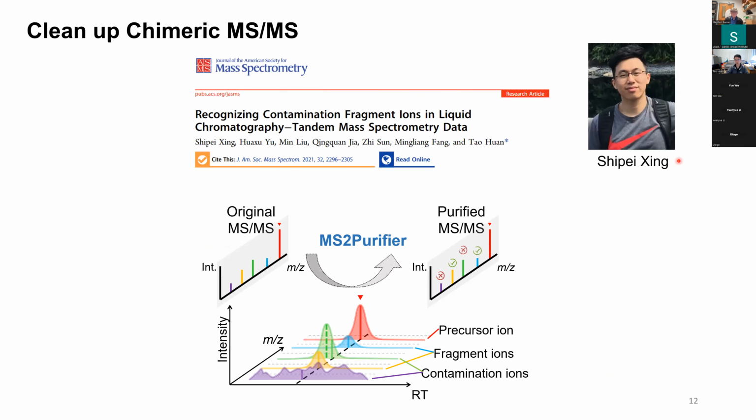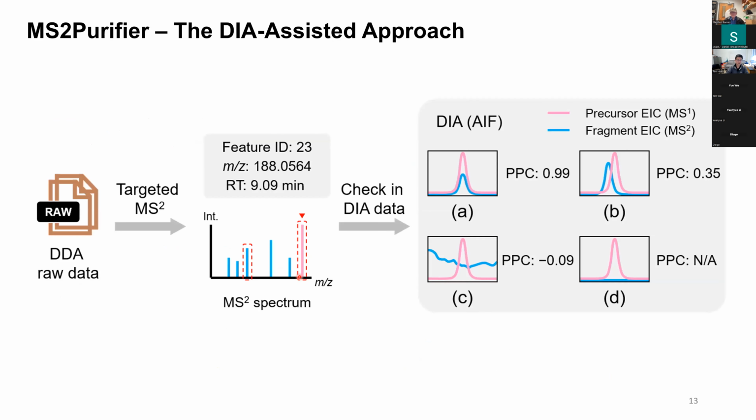The first one was done by my student, now a postdoc, Dr. Fiehn. In this work, we first see there's some contaminated fragments in the MS/MS spectra. How should we remove them? The idea is that we can take the same biological sample and run it in data-independent acquisition mode.